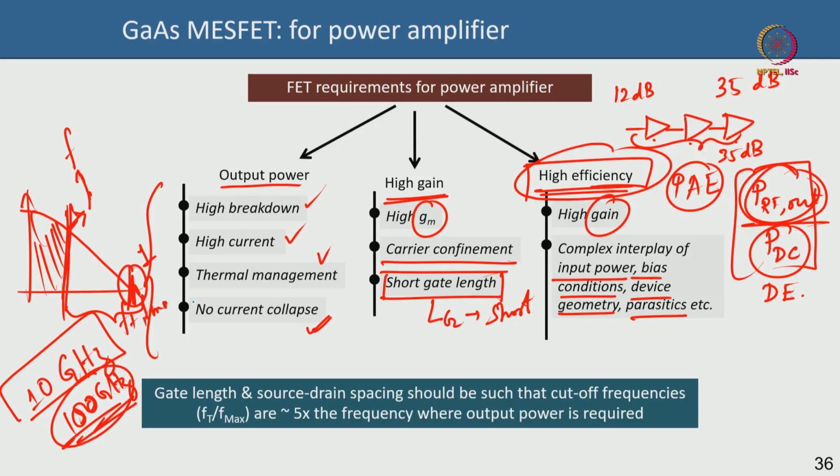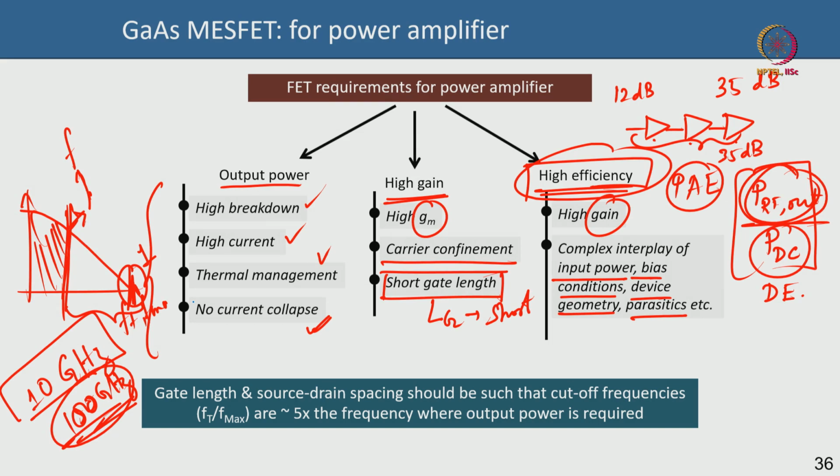You can recall that in the last lecture, lecture 19, we ended the discussion on the requirements of a field effect transistor for making a good power amplifier. The power amplifier is one of the most important blocks of, for instance, the front end module of a cell phone, or a TR module. Especially in a battery operated gadget, the power amplifier takes special importance because it is the most power hungry block on the RF chain.